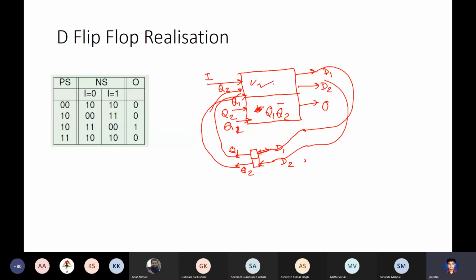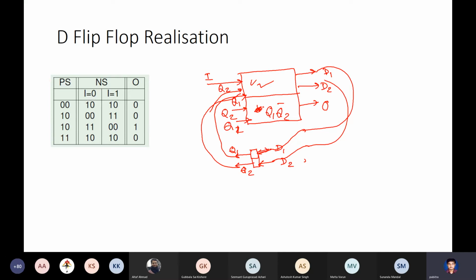Can you please draw the Karnaugh map for this circuit? It takes as input I, Q2, Q1. It's a 3 variable Karnaugh map, I, Q2, Q1, and two outputs, D1 and D2. So there will be two Karnaugh maps, one for D1 computed from I, Q1, Q2, and one for D2 computed from Q1, Q2, I. Can you quickly draw these two Karnaugh maps? I have already given you the table. So from the table you can do it.